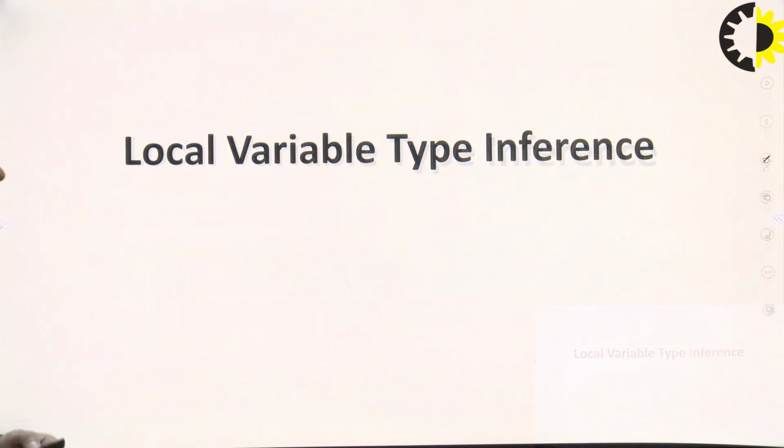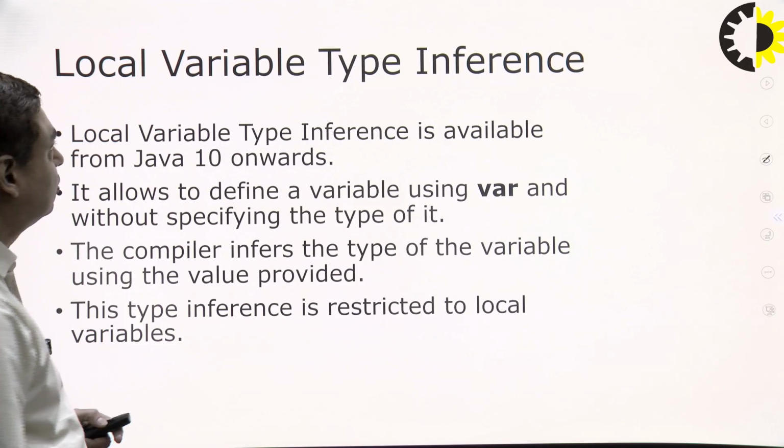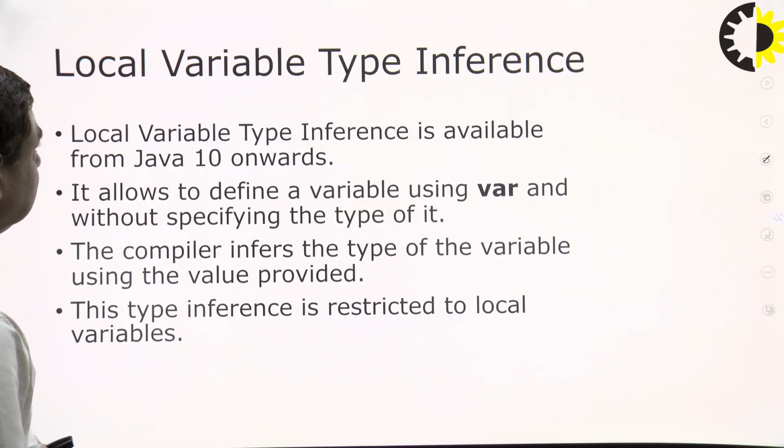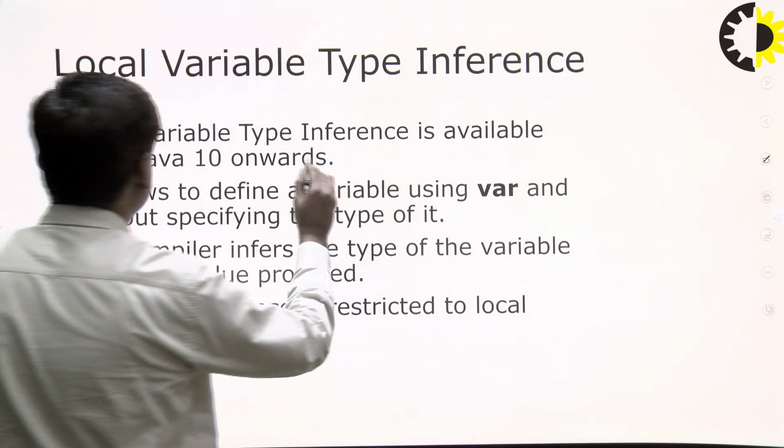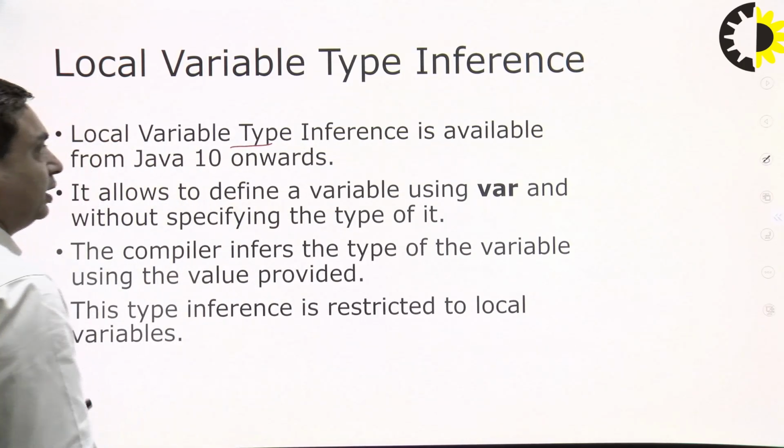Next, local variable type inference. It is a very simple topic, and with very limited time I am going to discuss it here. Local variable type inference means you can infer the variable type automatically.